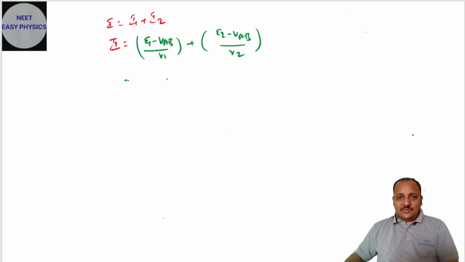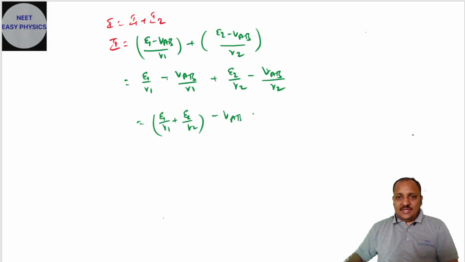Expand this: E1 by R1 minus VAB by R1, plus E2 by R2 minus VAB by R2. So E1 by R1 plus E2 by R2 minus VAB times (1 by R1 plus 1 by R2).